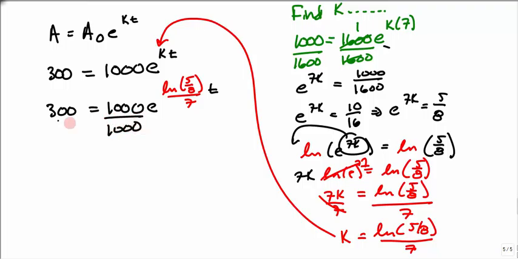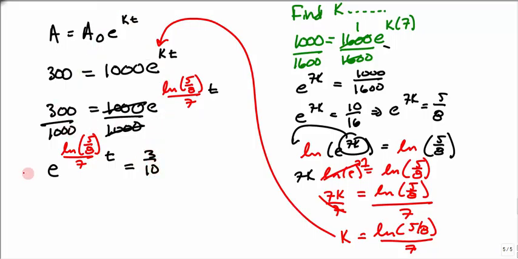So I'm going to divide both sides through by 1,000, and I have e to the natural log of 5/8 over 7t equals, let's see, 300 over 1,000. That would reduce to 3 over 10.